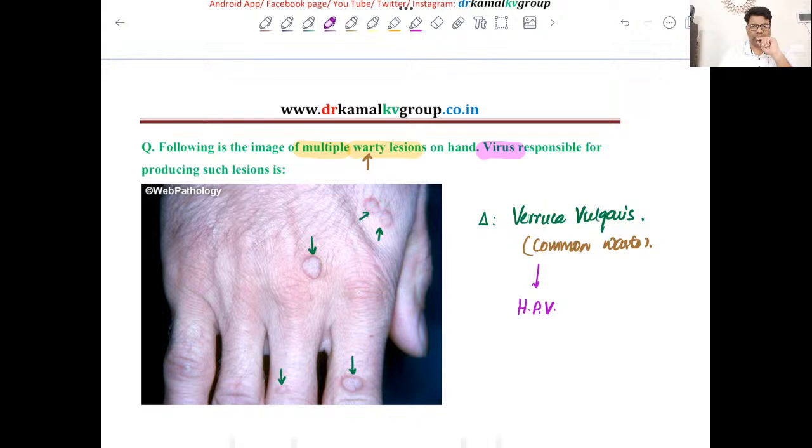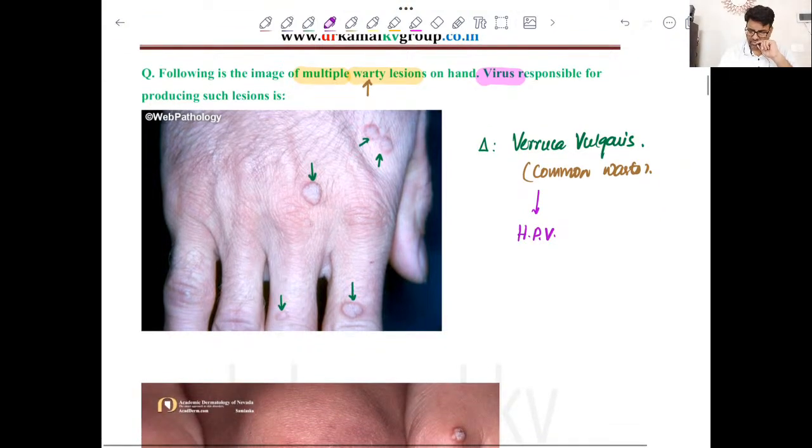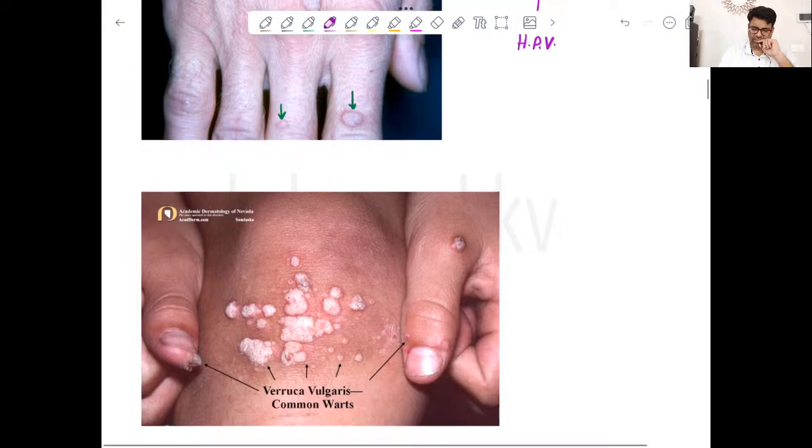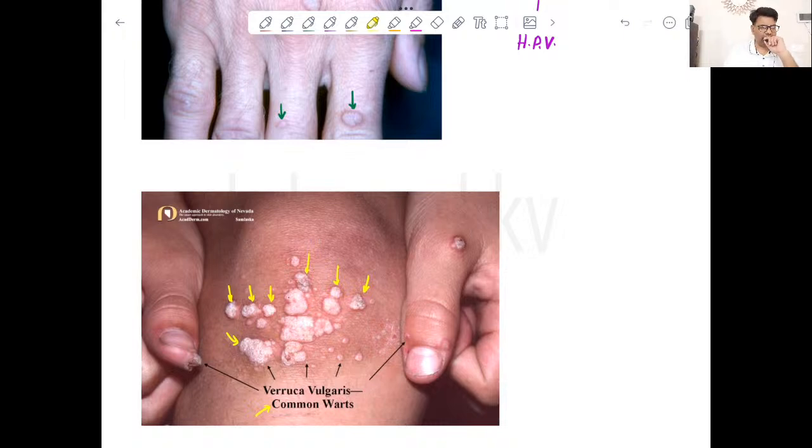So this is caused by human papilloma virus. So you can look here, these are all Verruca vulgaris caused by human papilloma virus, right? Shanwaz, yes, this is human papilloma virus. So Verruca vulgaris or common warts.